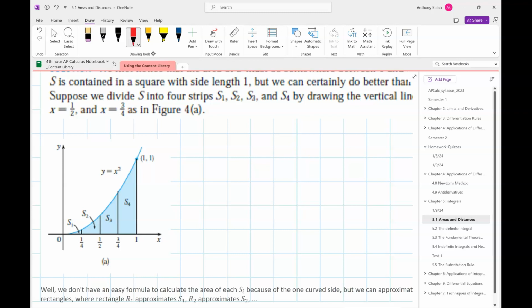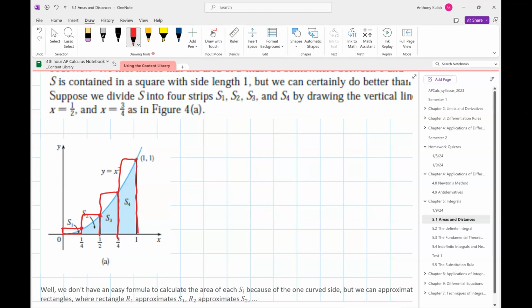So if I make a rectangle whose base is the x-axis on these subdivisions, and its height is the value of the function at the rightmost part of the subdivision, I can do something like this, right?